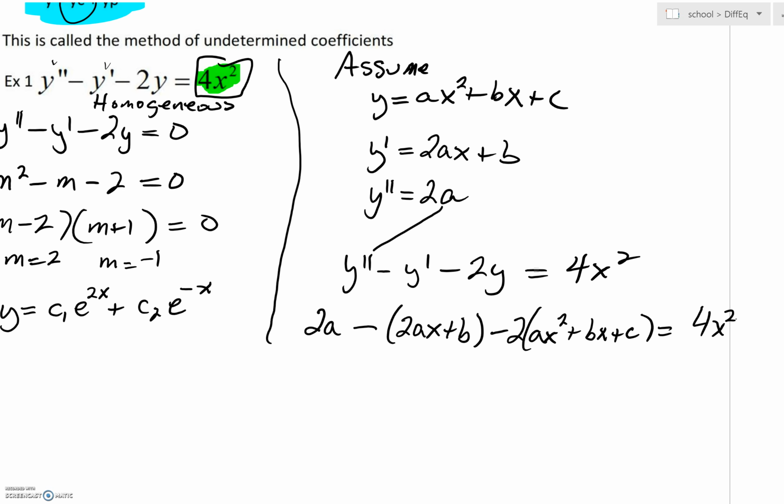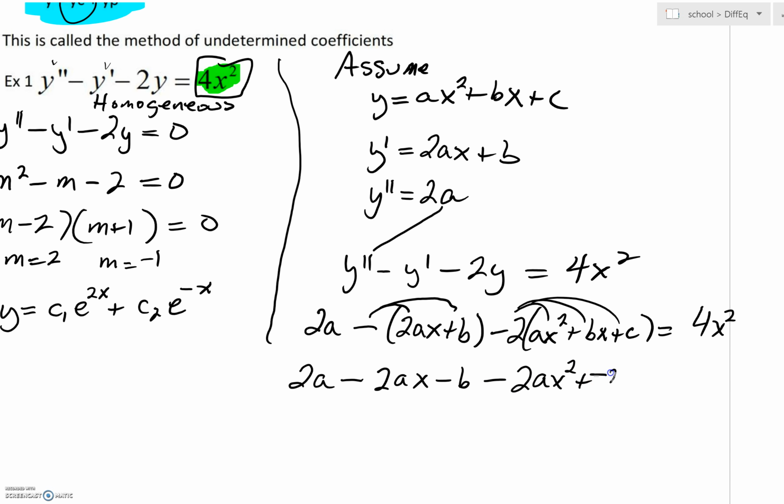You can think, my gosh, this looks to be a real mess on the right-hand side. You bet. Look, I'm going to distribute that negative. I'll get a minus 2ax and a minus b. I'm going to distribute a negative 2 over here, and I'll get negative 2ax squared minus 2bx minus 2c.